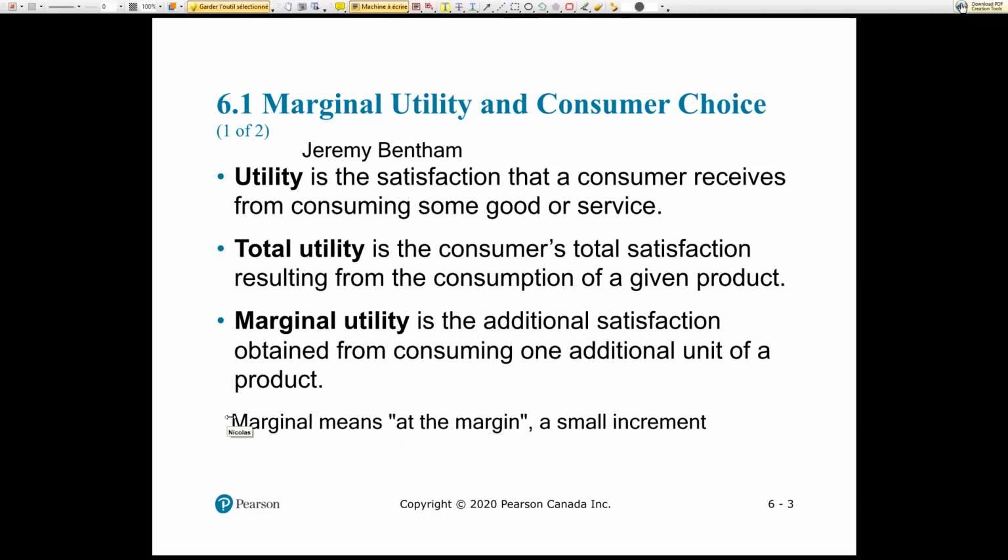I don't know if I told you that, but economists always think about things in small increments. So we assume that we can consume fractions of cars and fractions of houses, fractions of education. Does it make sense? Absolutely not. But why do we do that? Well, we do that because it makes the math much easier.